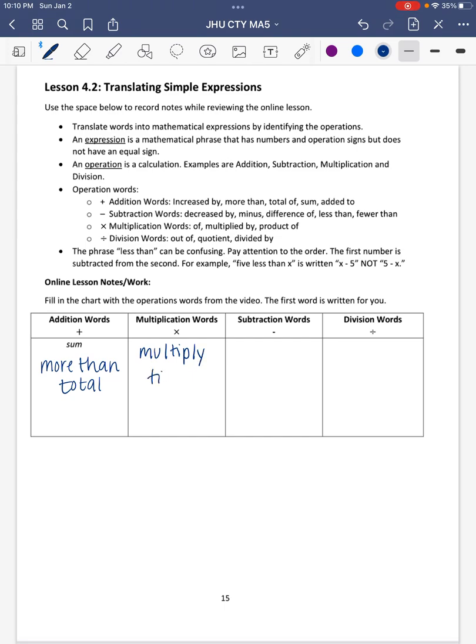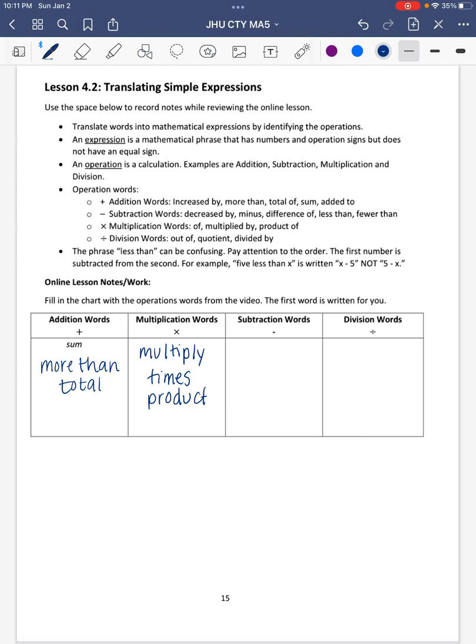Or times, that is a common term, just like we saw in the warm-up, 5 times the amount in the ocean. Other words that you might think of that are maybe less common, or you can maybe even see product. That is the answer to a multiplication problem. What is the product? Okay, again, they are going to use those words in the video, so double check in that video.